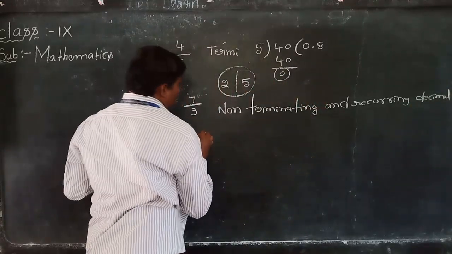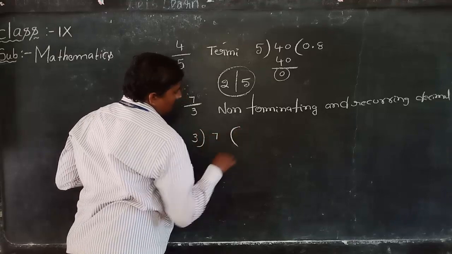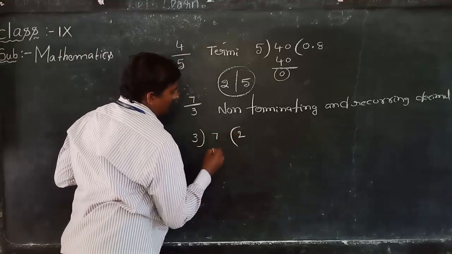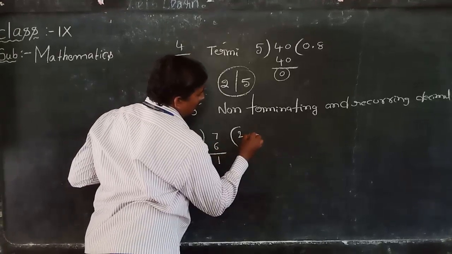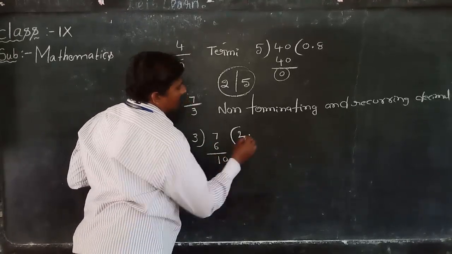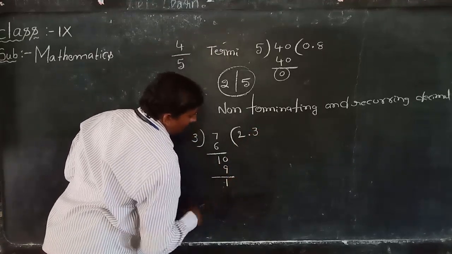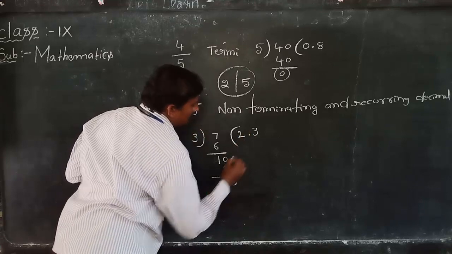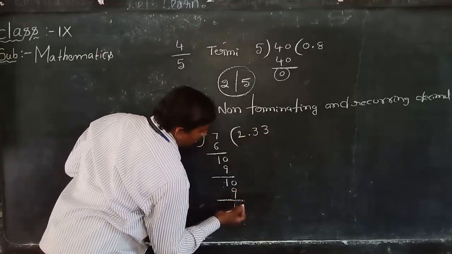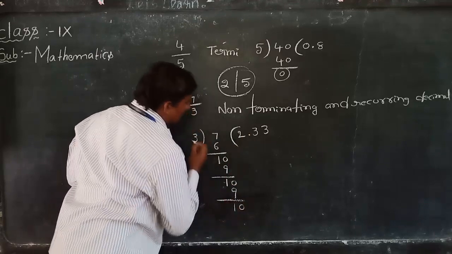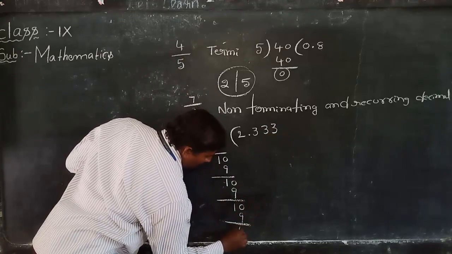Okay, see, we will check once. 3 twos are 6, remainder 1. Should keep decimal point here, 0. 3 threes are 9, remainder 1. Again decimal point, 0. 3 threes are 9, remainder 1. 3 threes are 9, remainder 1.